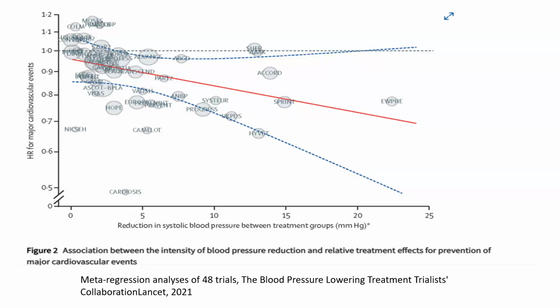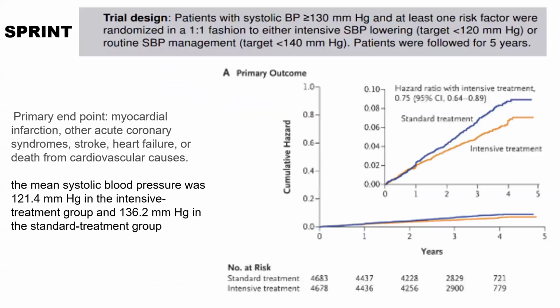So these are the trials which dealt with intensive versus routine standard treatment for hypertension. So the more the reduction in systolic blood pressure, the more the major cardiovascular events are reduced.